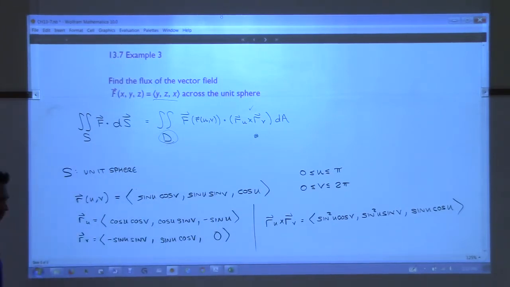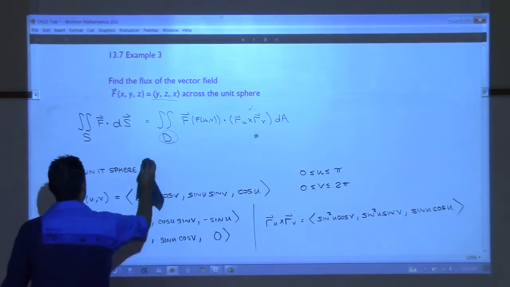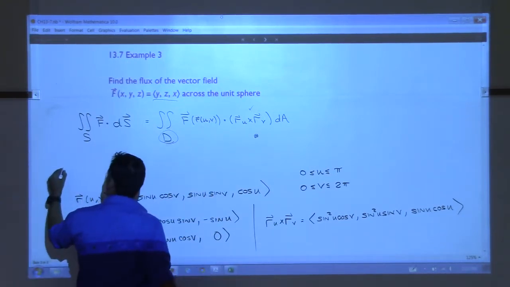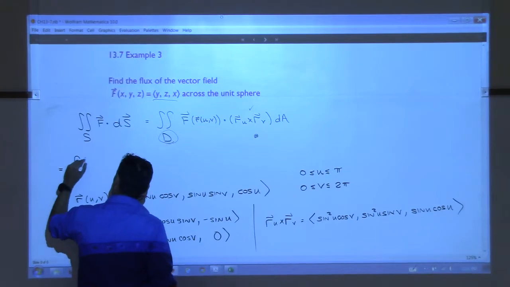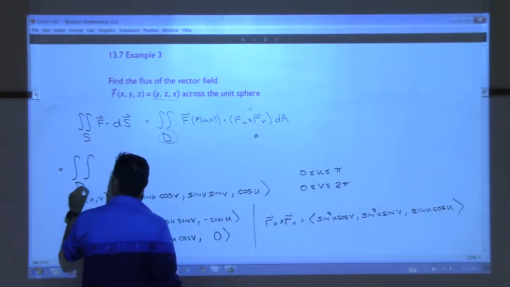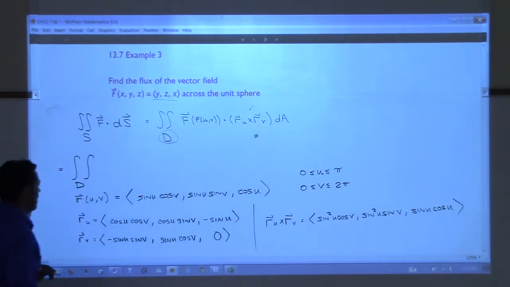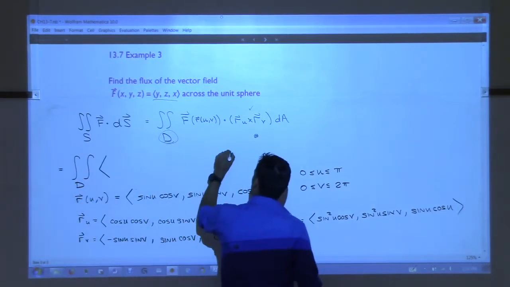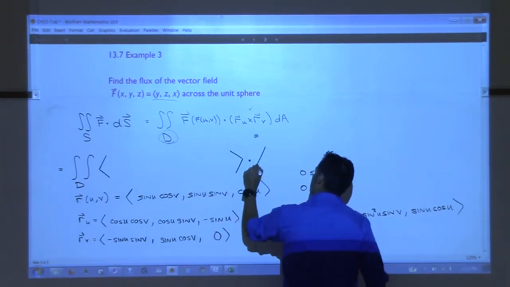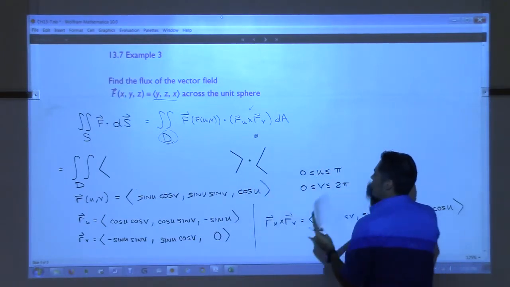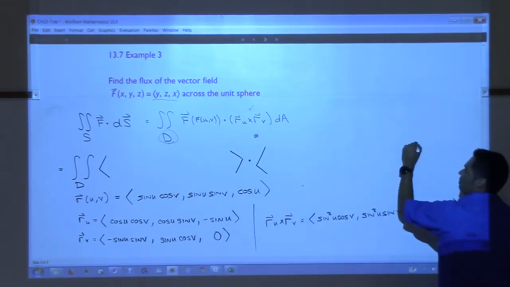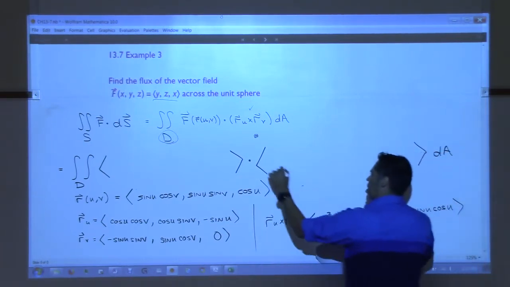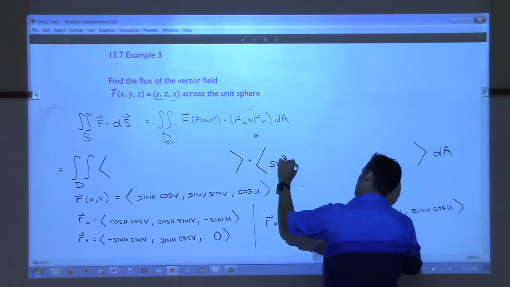I'll write it all down before I dot it. So this double integral over D becomes the field dotted with the cross product of the partials, dA. I'll fill in my cross product of my partials first.